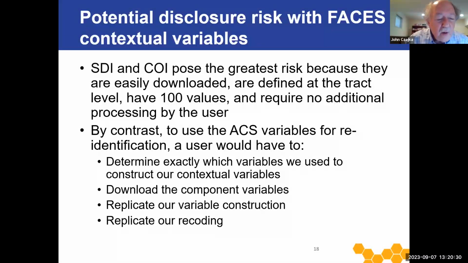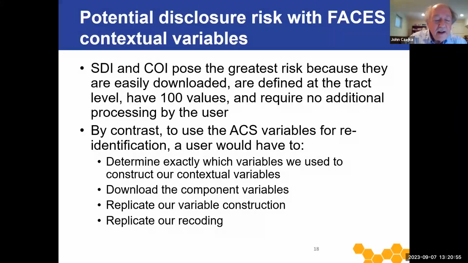Now, recall what I said about the risk posed by the level of detail contained in the contextual variables. The Social Deprivation Index and the Child Opportunity Index pose the greatest risk because they are easily downloaded, they're defined at the tract level, they have 100 values, and they require no additional processing by the user.